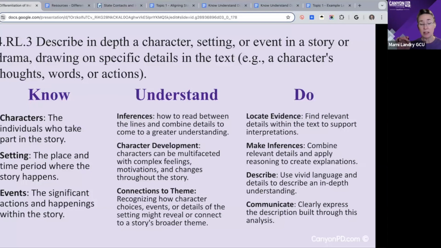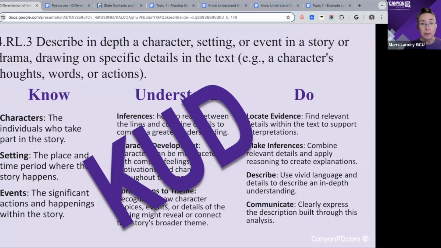And then it makes assessment much easier because your assessment aligns with your objectives, which align with the standard. So that's the whole purpose here. We need to chew the cud. We have to break this giant standard, it's one sentence, but it's really a giant standard, down into these individual parts.